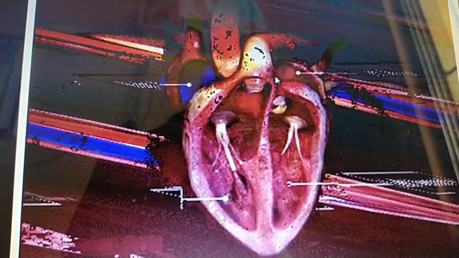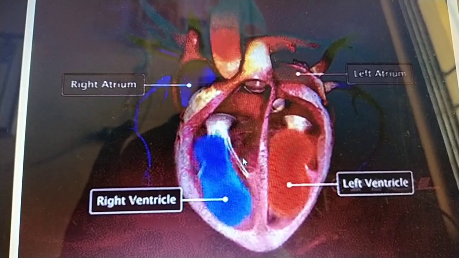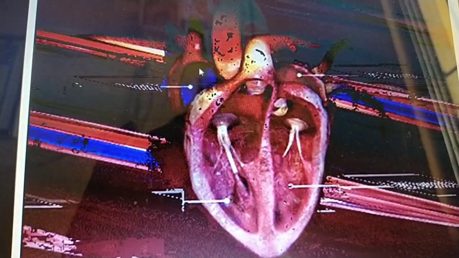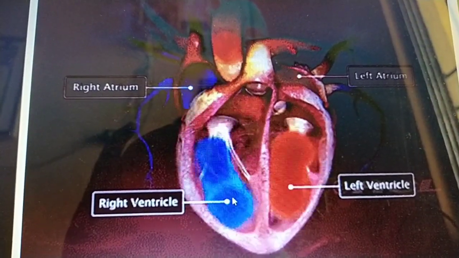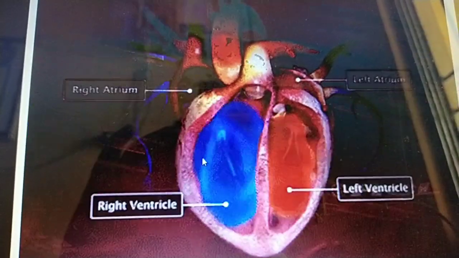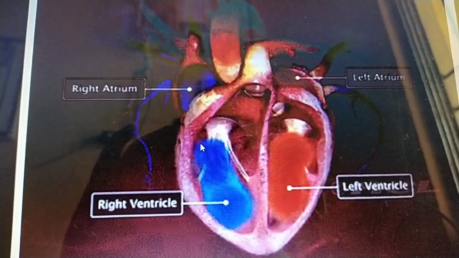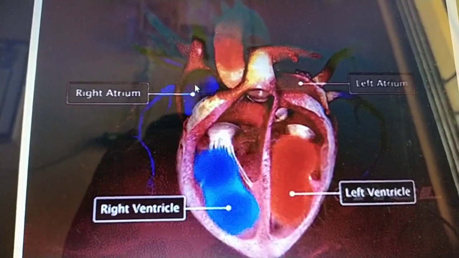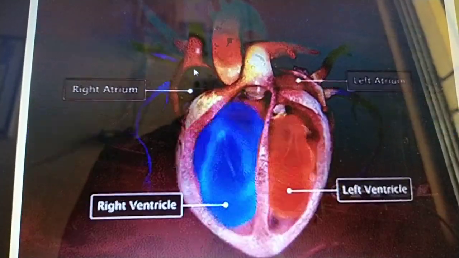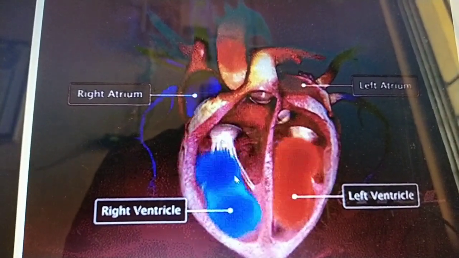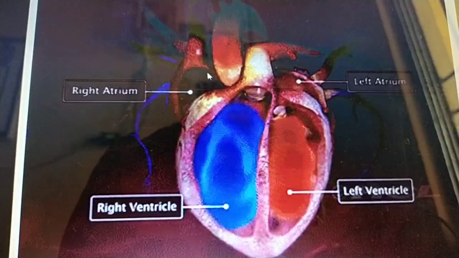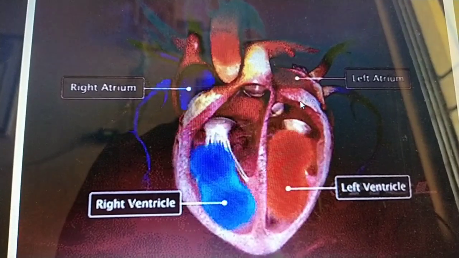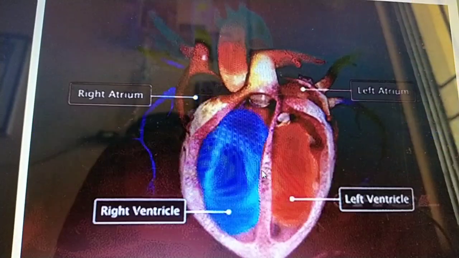As compared to the atrium and ventricle, the atrium has a thin walled chamber and the ventricles are thick walled chambers. Atria are also very small compared to the ventricle.